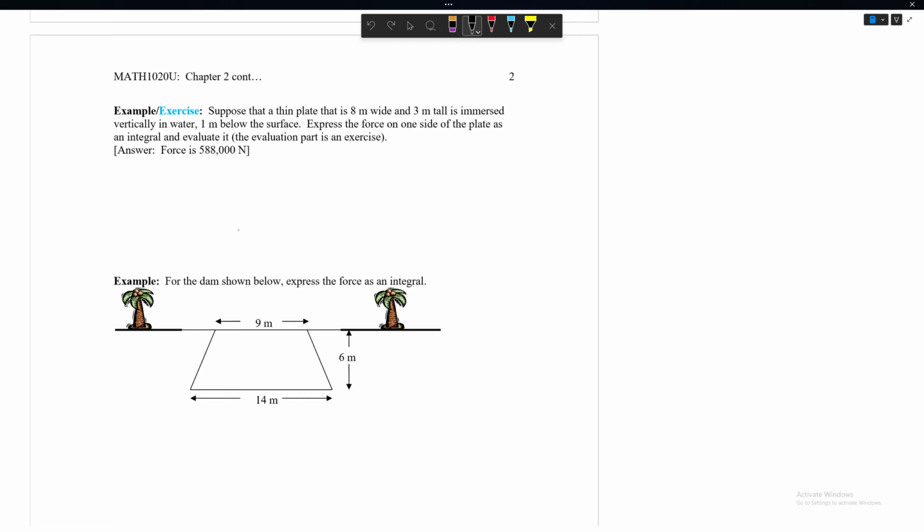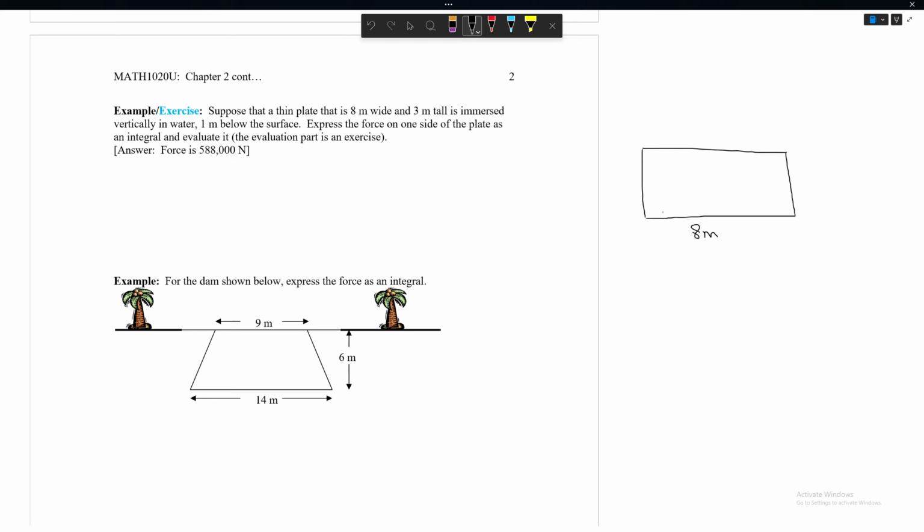Usually for these questions, we don't really have an equation, so let's first start with the drawing. Suppose that a thin plate that is 8 meters wide and 3 meters tall. So it's just 8 meters wide and 3 meters tall, right?